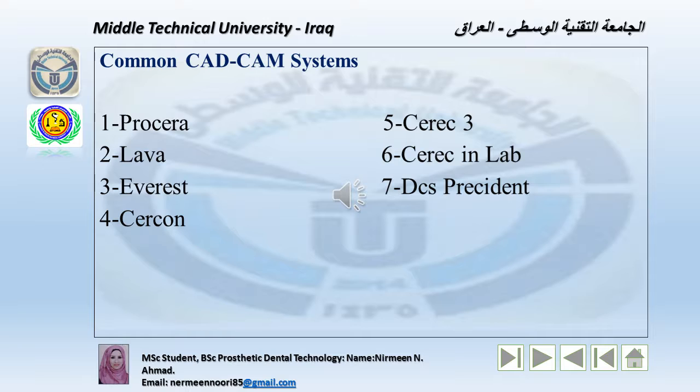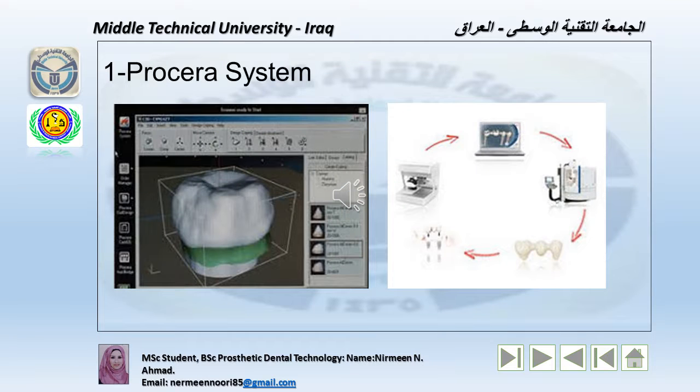Laboratory CAD-CAM systems have increased significantly during the last 10 years and include DCS Precident, Procera, Cerec Lab, and Lava. Cercon is a laboratory system that possesses only CAM capabilities without the design stage.